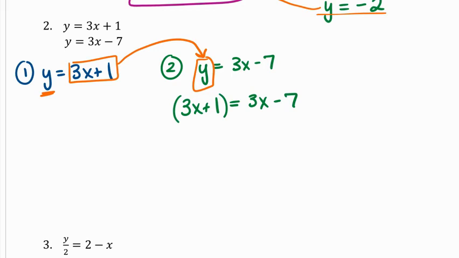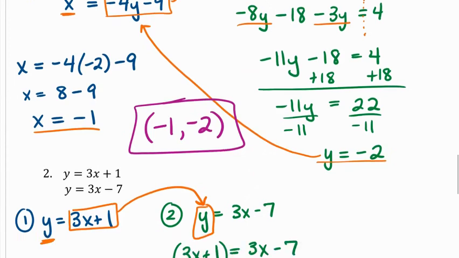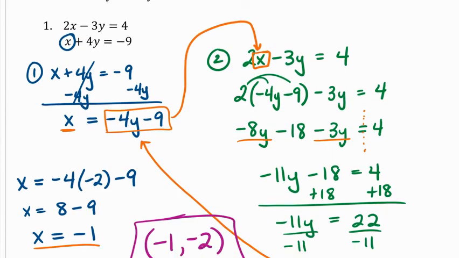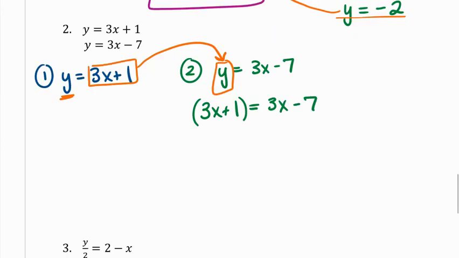But do I need those parentheses? No. I did before because I had to distribute, right? There was a number in front, so I needed those parentheses to distribute. On this one, there's no number in front to distribute, so I don't have to worry about them. Okay, so I could rewrite that as 3x plus 1 equals 3x minus 7.